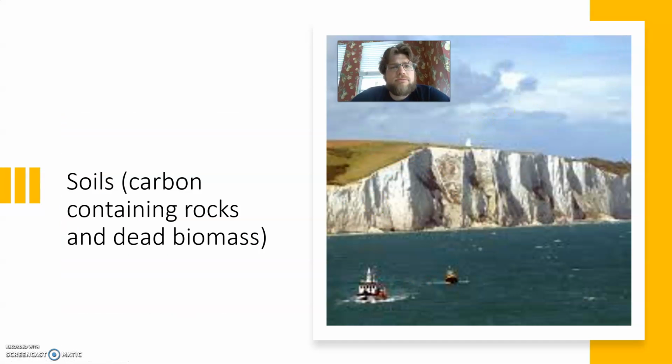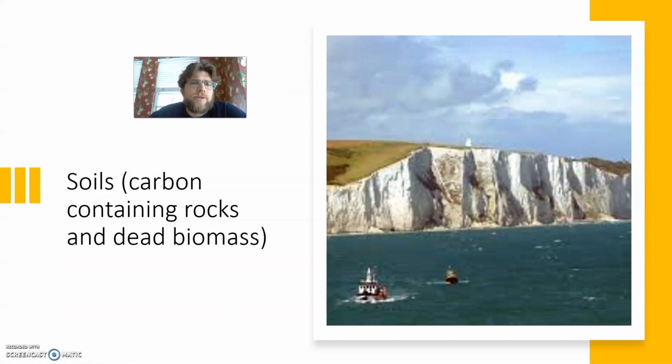Second are soils, on land or in the ocean. Okay, some rocks contain carbon. So these cliffs are composed of a rock called limestone, that one part of that rock is carbon. And a lot of this carbon comes from dead, fossilized microorganisms that have been slowly stacking up over time.